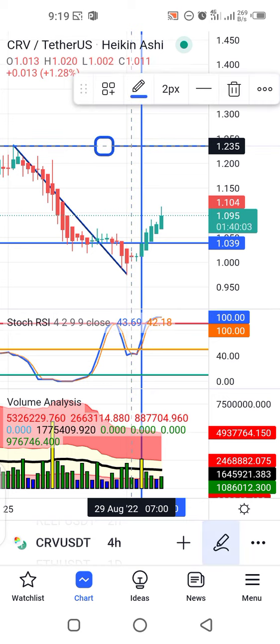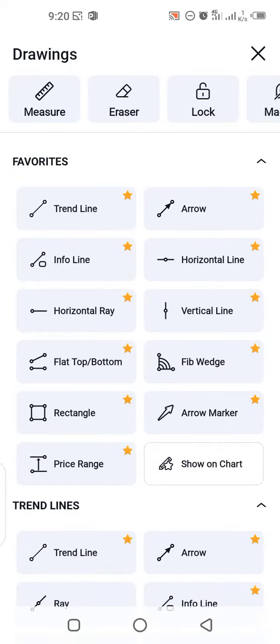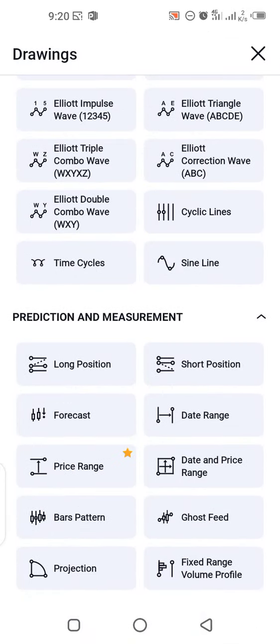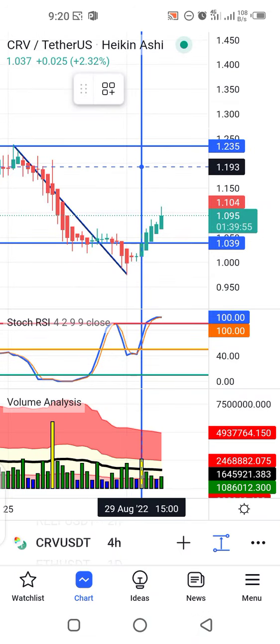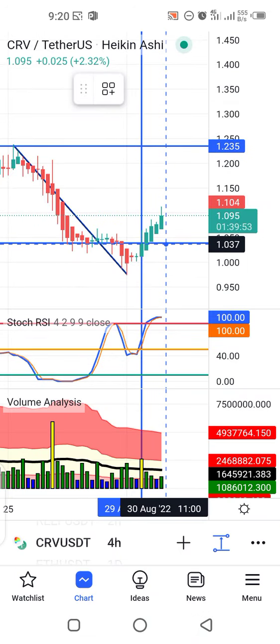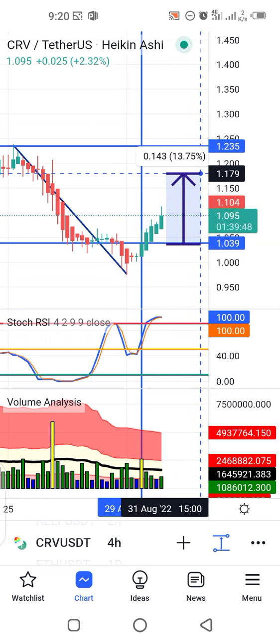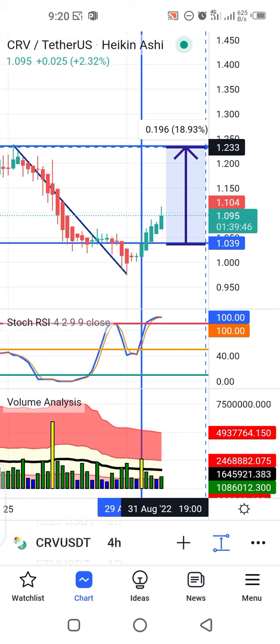And when I go down to the prediction and measurement area and pick my price range, I'll measure from the first horizontal line, ladies and gentlemen, to the upper horizontal line, which gives me 18%.